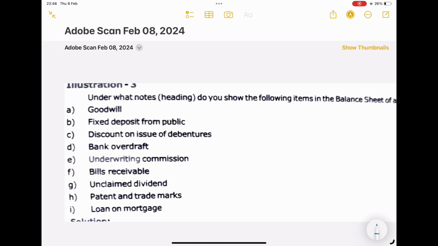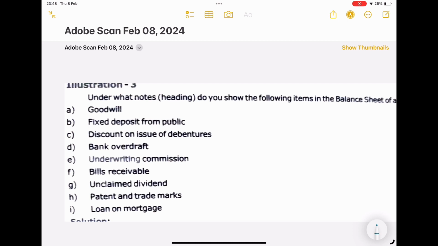So we should know how to bifurcate which items come under the balance sheet and which items should be reflected in the P&L. Then again, we need to identify which is a liability, which is an expense, which is an asset, or which is an income. For that particular purpose this video will be helpful.